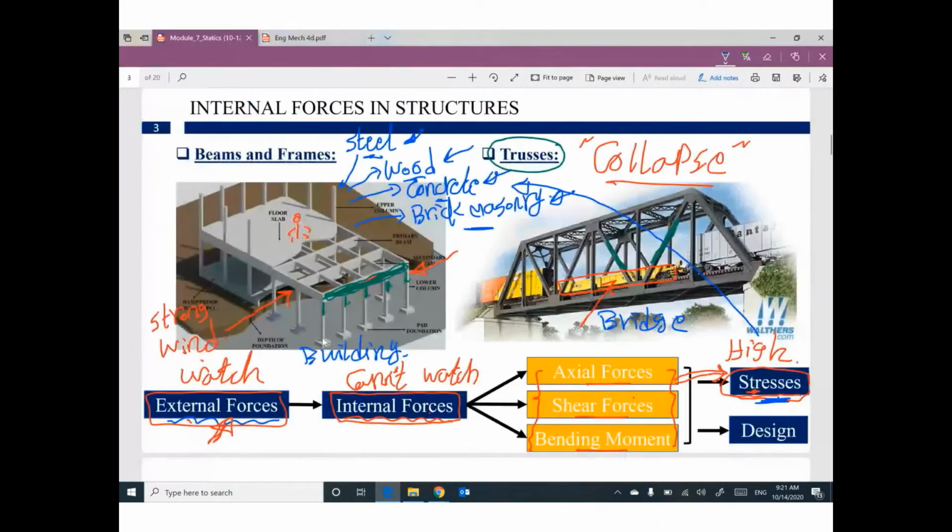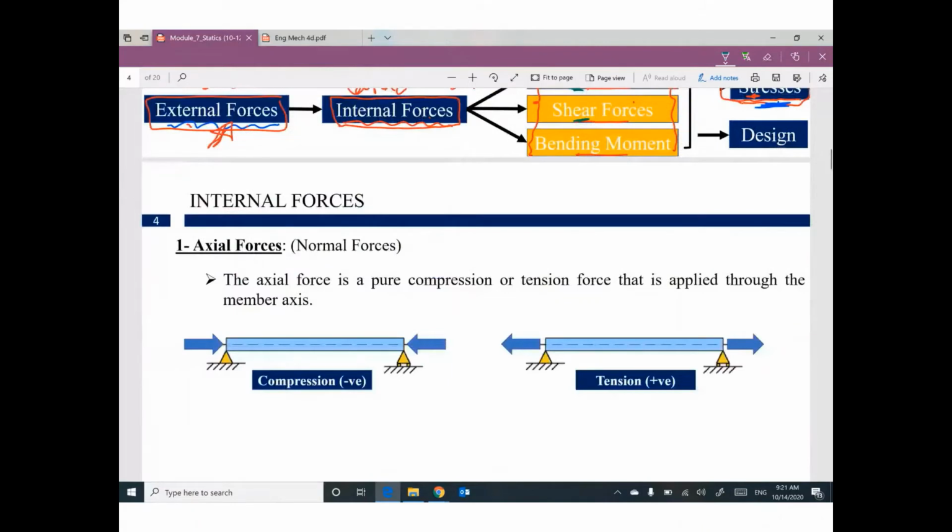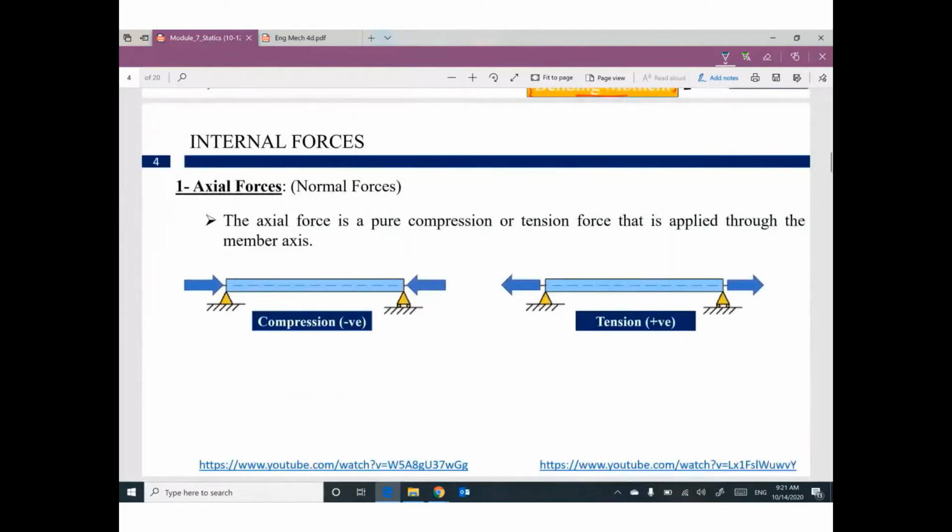From this slide, I learned the internal forces in beams will be axial force, probably shear force, probably bending moment. Let's start. What is the meaning of axial force? Sometimes we can call it normal forces. What do you mean by axial force or normal force? Okay, we have a beam.